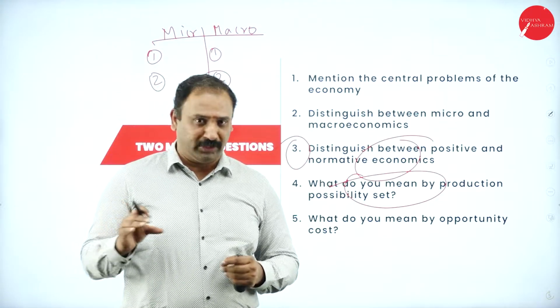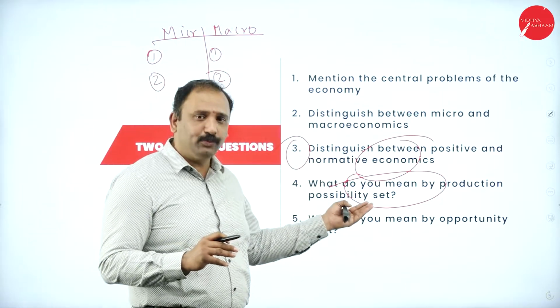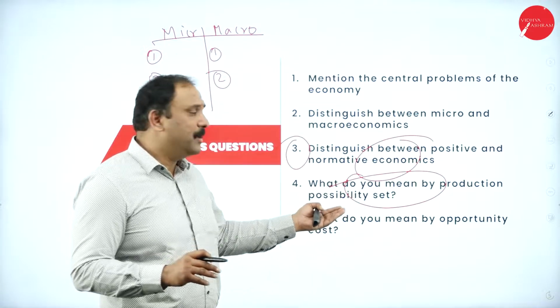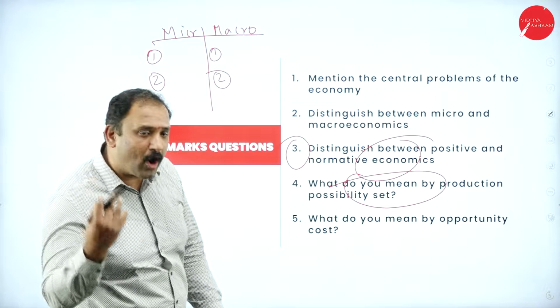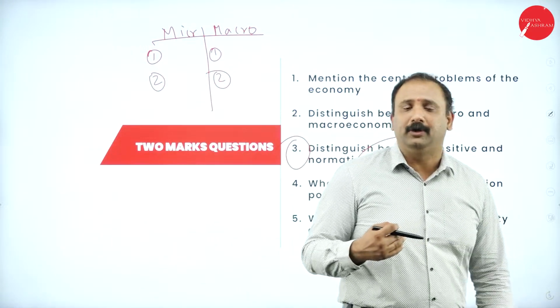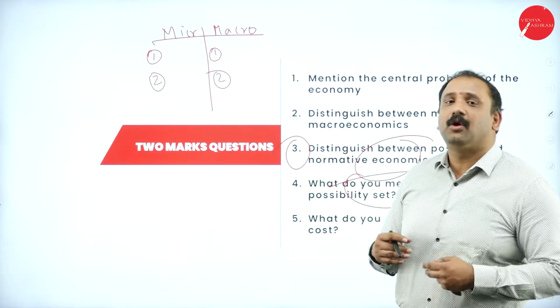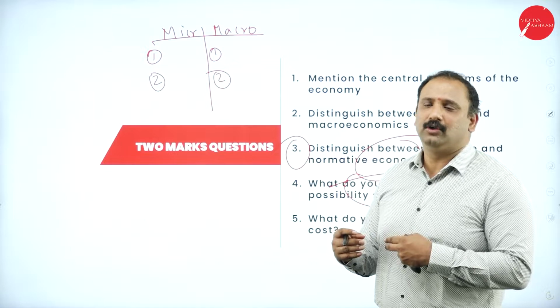The output cannot be altered at all. The output needs to remain the same, but what is more important is what combination options are available to you so that you are able to produce the maximum. That is what we call the production possibility set altogether.